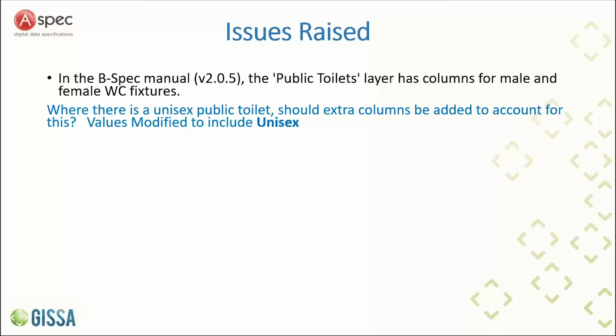So going back to your question, Trevor, about the number of code lists that we create. We can create this as a code list, or it can be an entry of M for male, F for female, or U for unisex. Either way, it will have some specific values that will be acceptable.